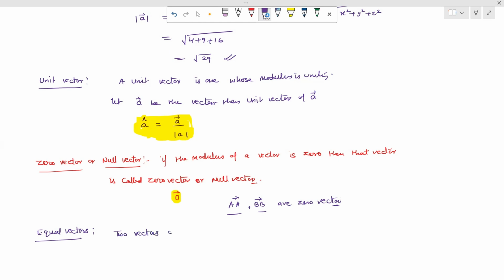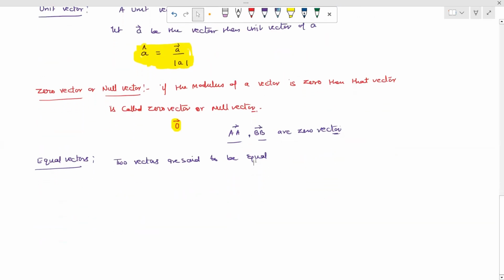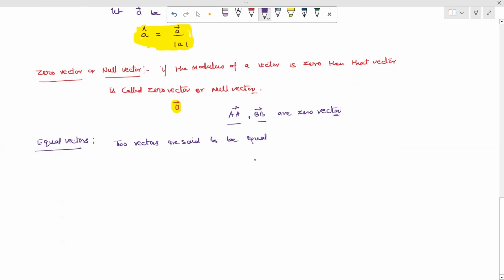Two vectors are said to be equal if they have equal magnitude and are parallel and also have the same sense of direction.